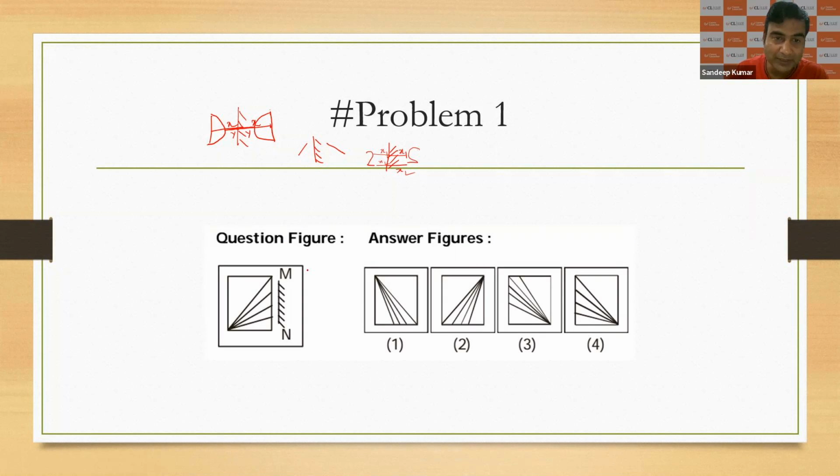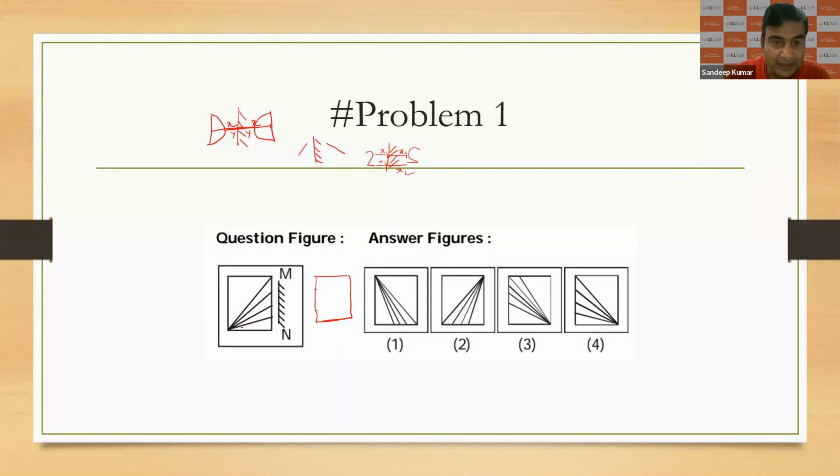Now let's have a look at this question. If I'm looking at the question figure, it has a mirror. So how would the final figure look? If I were to draw a figure, this is the closest point. So this is here, followed by this, followed by this, and then I have another point here.